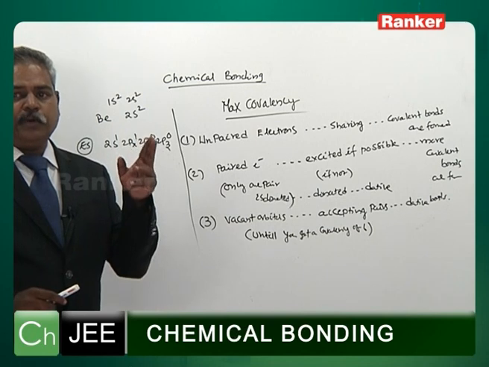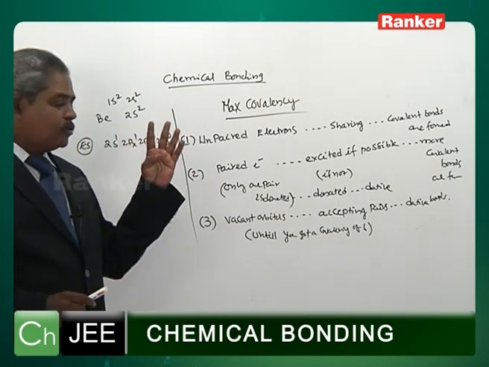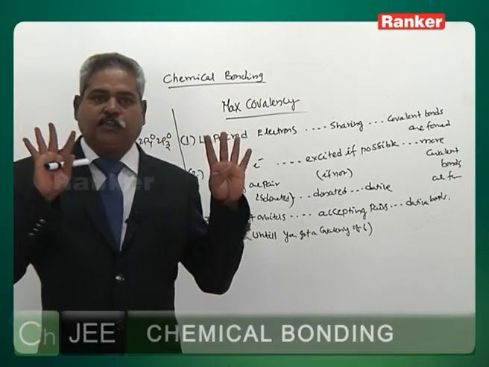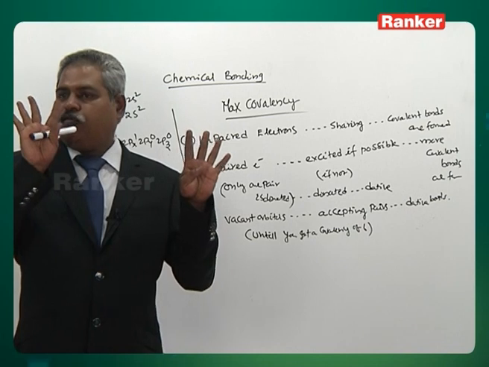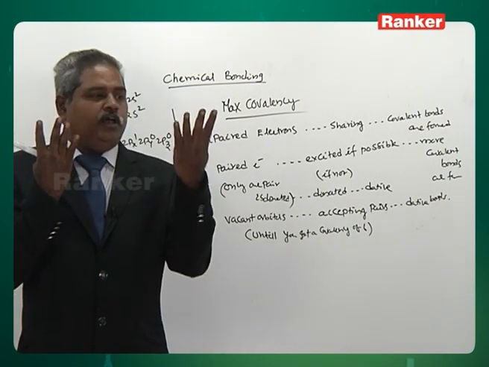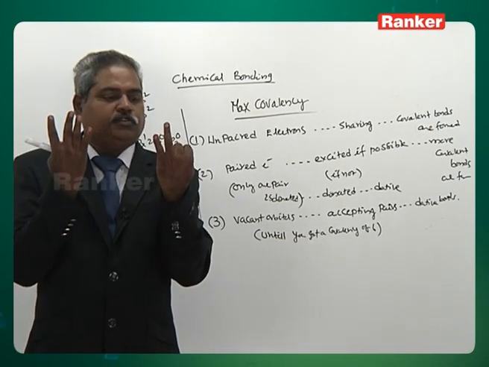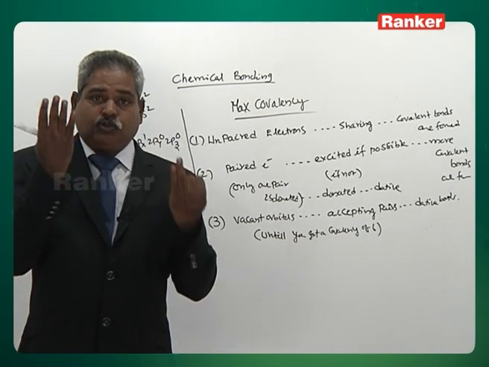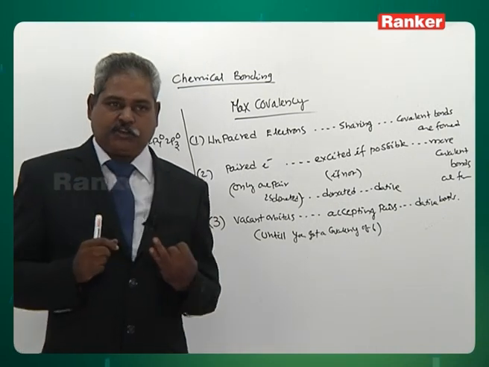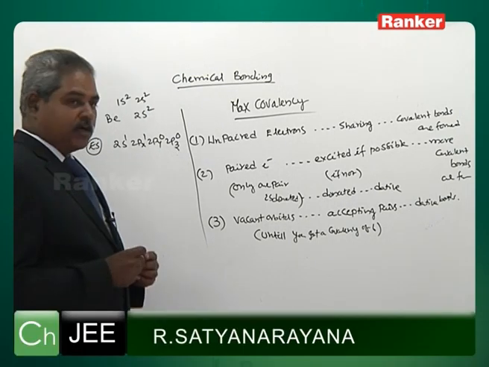Once it loses 2 electrons, it has 4 protons versus 2 electrons. That means too much positive charge, and there is an imbalance of positive and negative charges. Therefore, beryllium doesn't prefer to form ionic bonds.